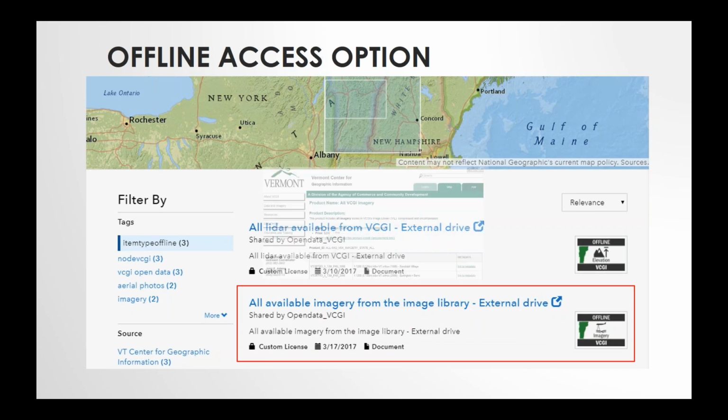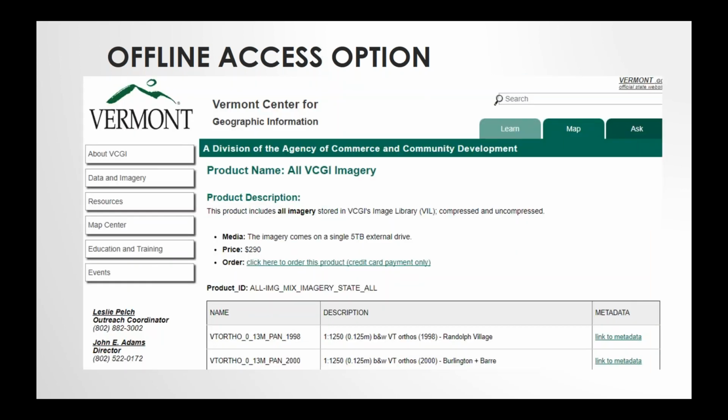And so if you select that, actually, in the case of these products, these are things that are packaged by VCGI and offered through us. So it takes you to a page on our website which provides you with more information. You can see in this case it costs $290. You probably wonder how we come up with that. That's essentially the cost of reproduction as stipulated under public record law.